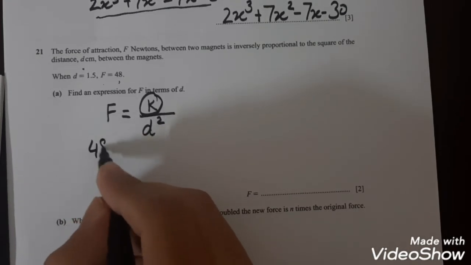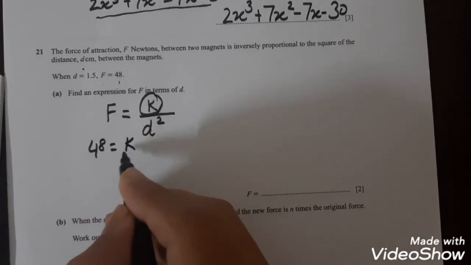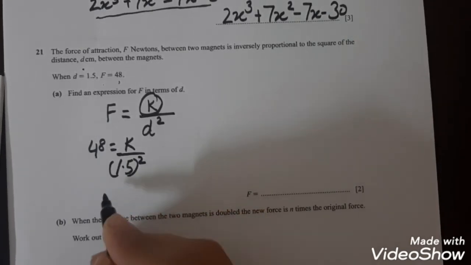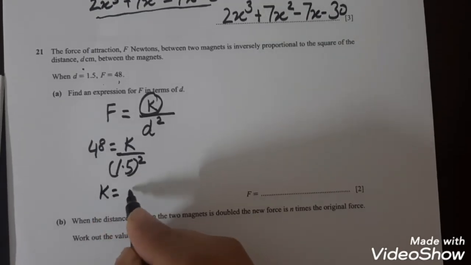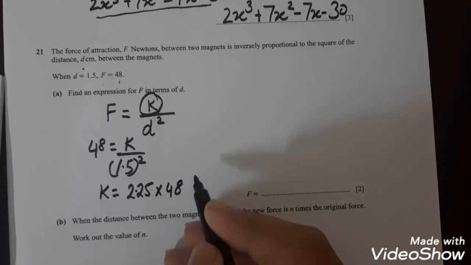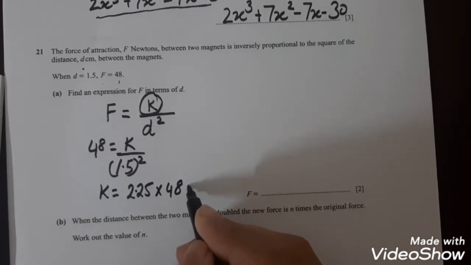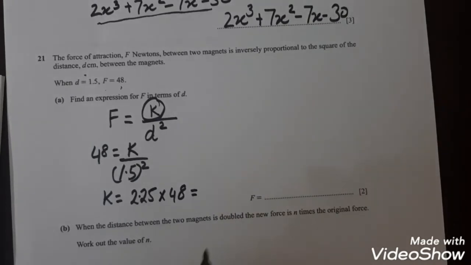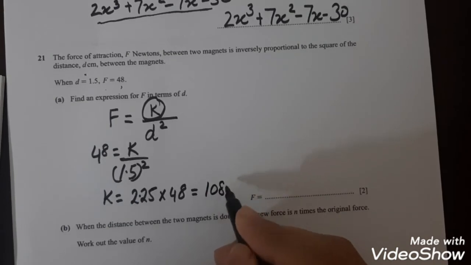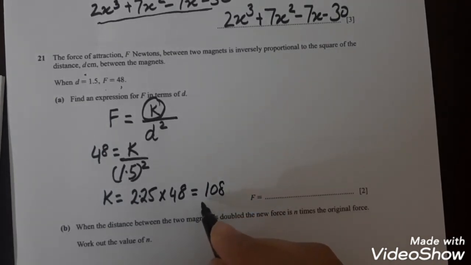So we write 48 is equal to K divided by 1.5 squared, which will be, over here, K is equal to 2.25 multiplied by 48, which will be 108, and this is the final value for K.